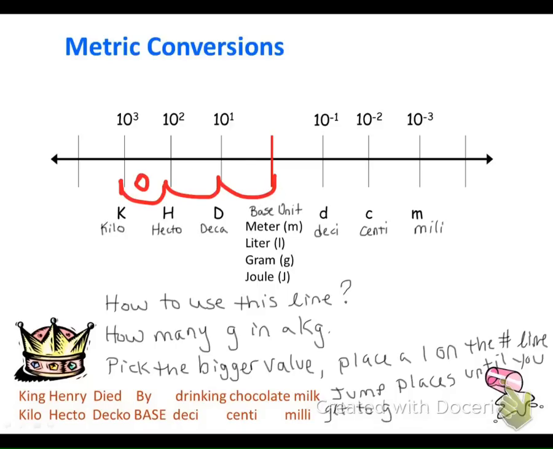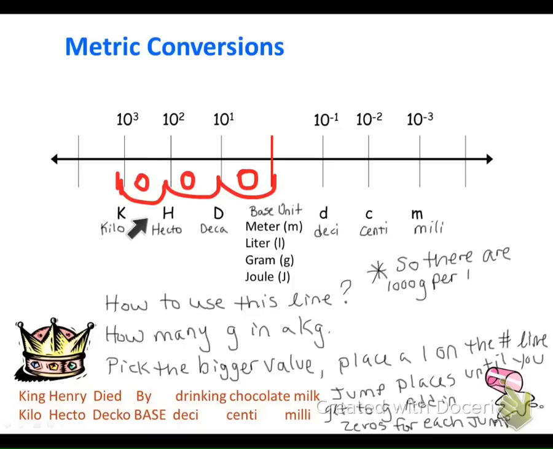When I make those jumps, I'm going to put in zeros, so those jumps represent zeros, so I know that for every 1 kilogram, there are 1,000 grams. So that's kind of a little hint in terms of how to use that metric conversion scale here.